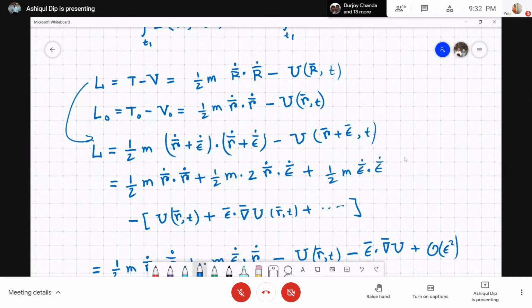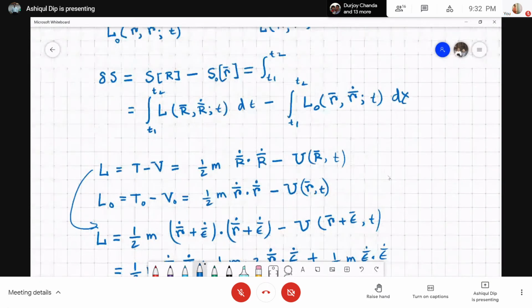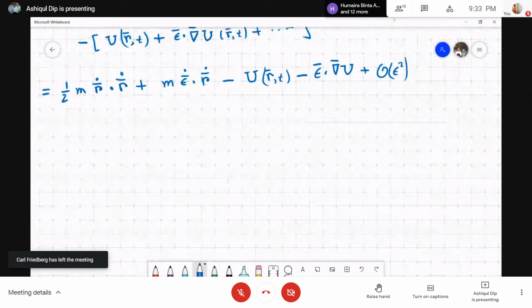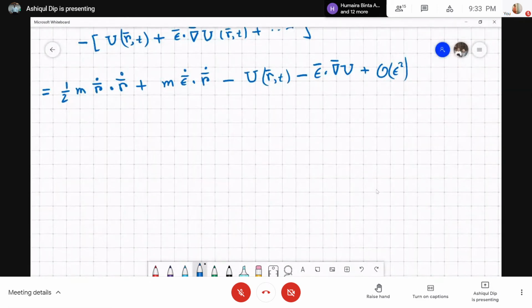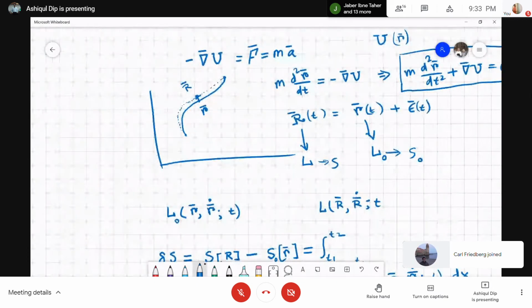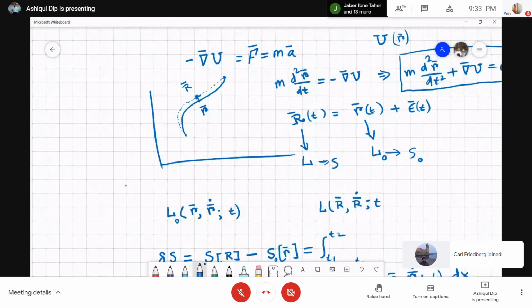Okay. Can you refresh it, please? I didn't get that. So okay, let's see the diagram. Here epsilon is small. At every point epsilon is small, not just one point. So if epsilon dot is big, then epsilon would change fast, right?